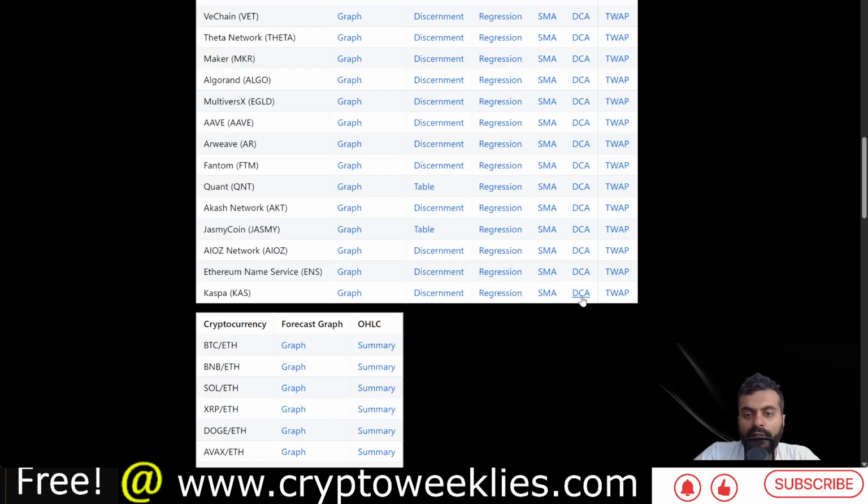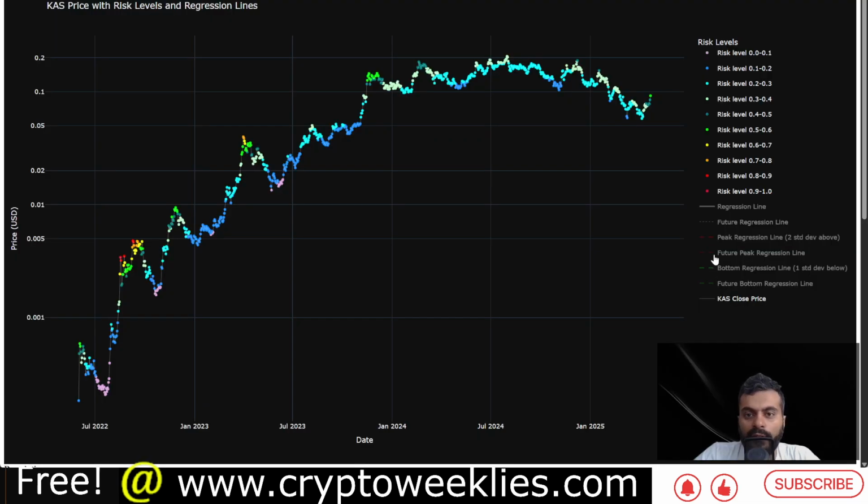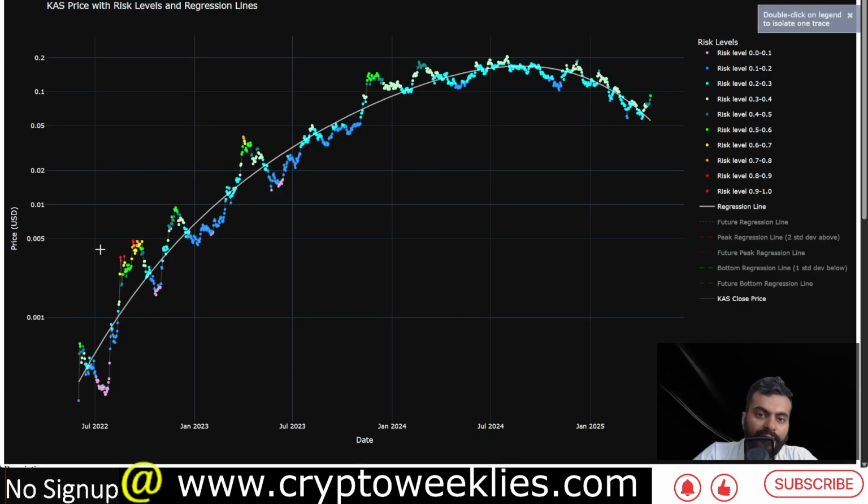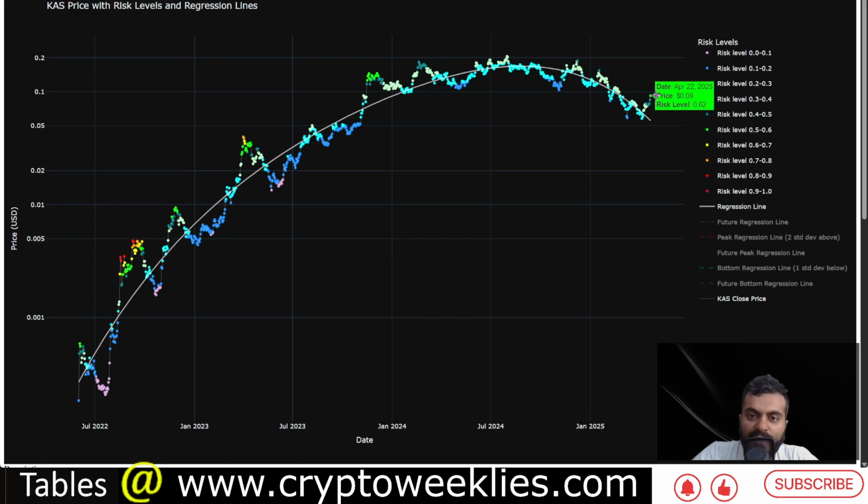In terms of the DCA model that we just saw in the regression context, the fair value regression based valuation that we saw at a weekly candle level, this is at a daily level and price color coded with respect to that risk level. The risk levels are kind of elevated at this point because the prices are in an upswing with respect to the regression based fair value.